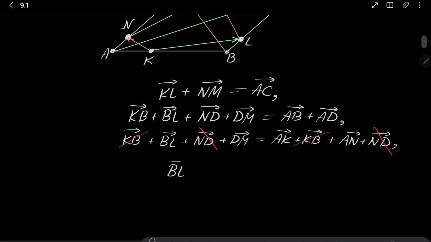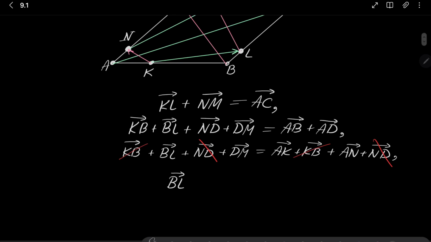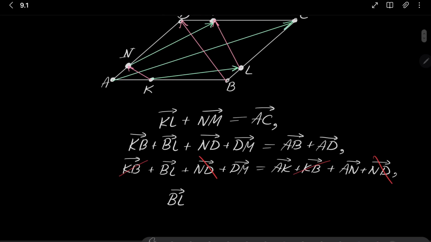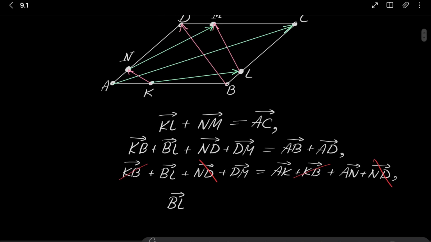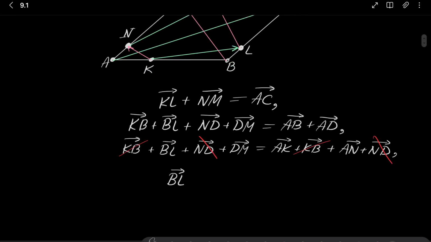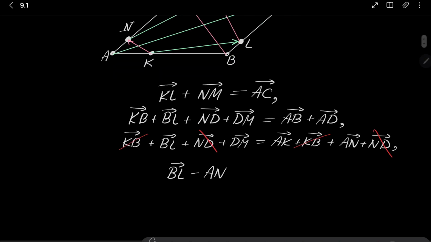I will leave BL on the left-hand side, and I will write minus AN, and here I will put everything else, so AK minus DM.